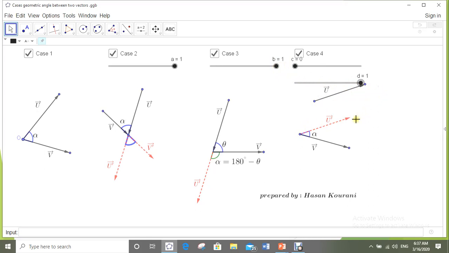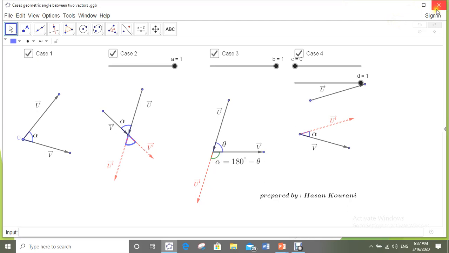As you see, again we get the geometric angle between these two vectors. Okay, the conclusion is to find the geometric angle between two vectors, we must have them drawn at the same origin to get this.